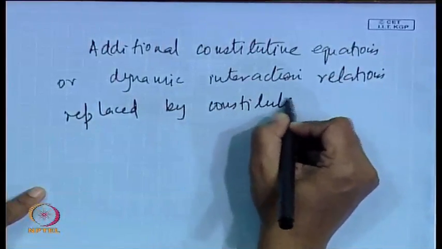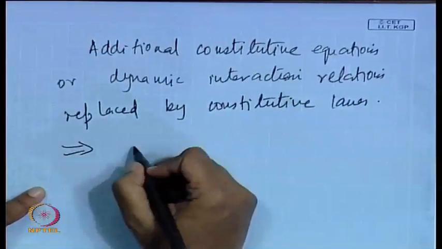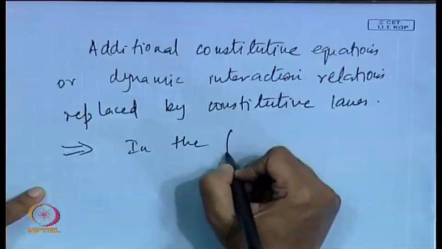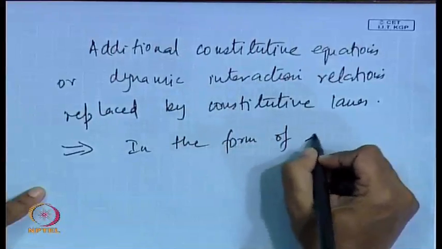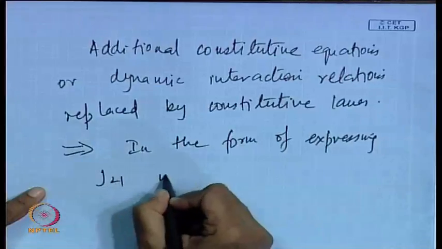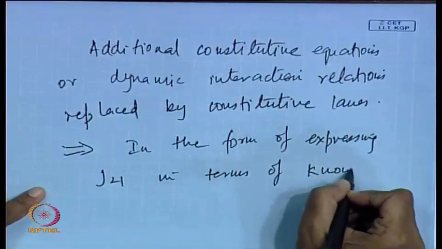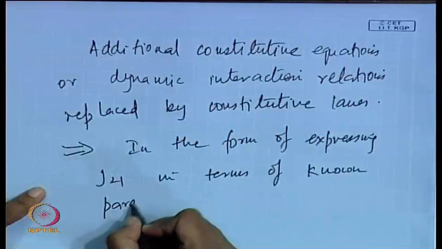Now, these particular constitutive equations will naturally be in the form of expressing J21 in terms of known parameters.